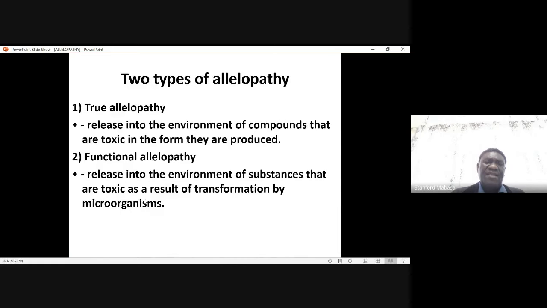So the dead plants have got to be decomposed by microorganisms in order to release these toxic allelochemicals. So two types: one from live plants, true allelopathy, and from dead plants, functional allelopathy.